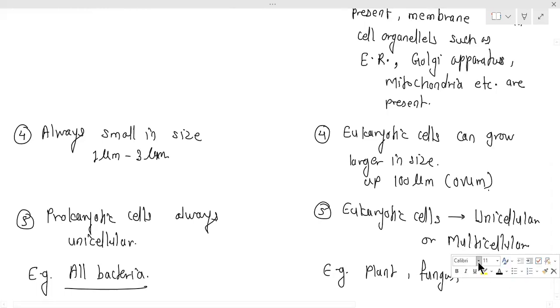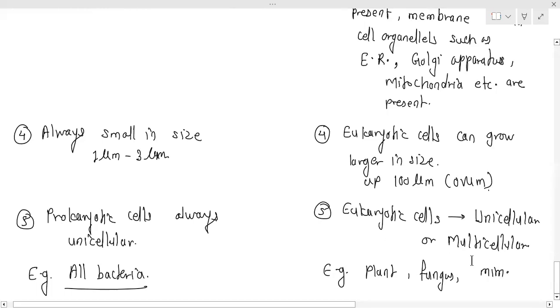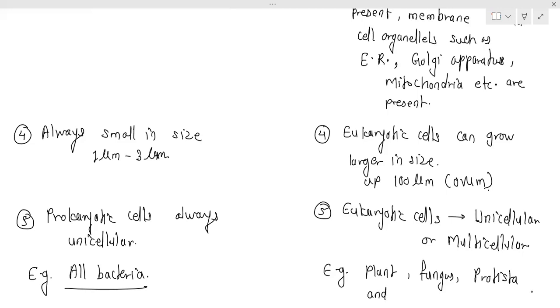Protozoan means amoeba and all. Plant, fungus, protista, and animal cell. Okay. Tell me when you finish writing, okay?